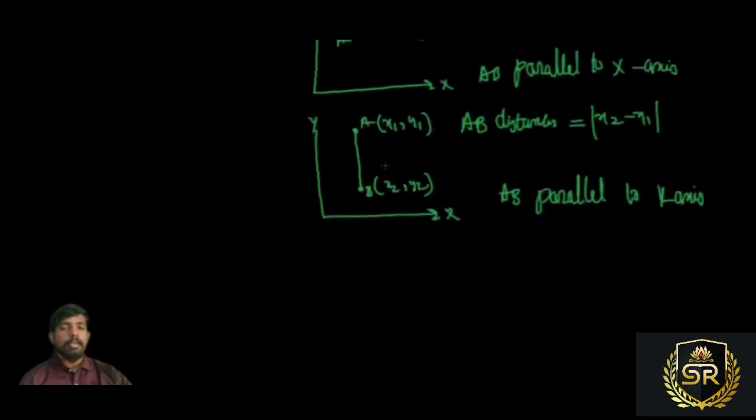A line parallel to y-axis means the distance AB is y2 minus y1, or y1 minus y2, one only, same. So AB distance is the modulus of y2 minus y1. In the modulus, negative always becomes positive. This is the distance synopsis.